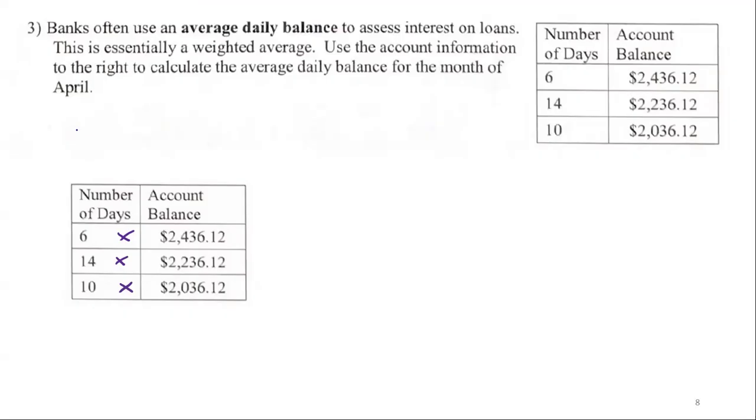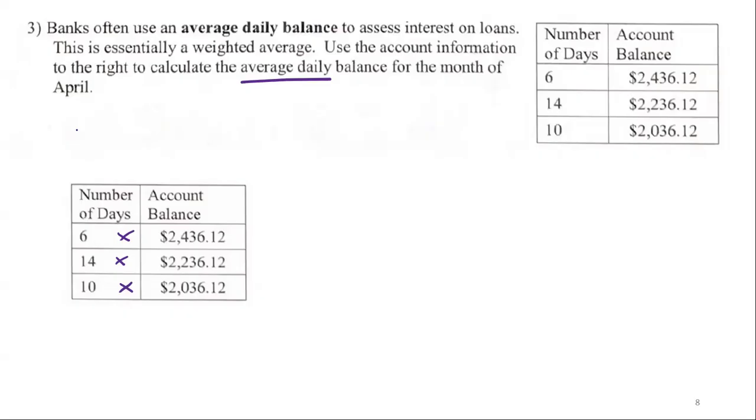So in this case, it says for 6 days, the balance was this much. For 14 days, the balance was this much. And for 10 days, the balance was this much. So for 10 days, it was $2,036.12. What we're trying to find is the average daily balance for the month of April. And we use weighted average to do that.